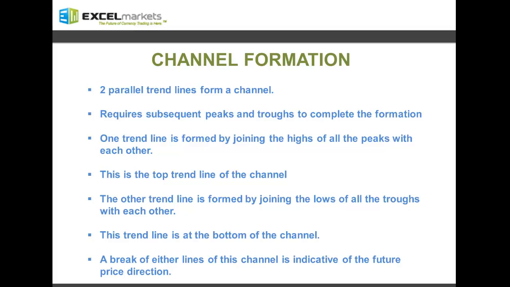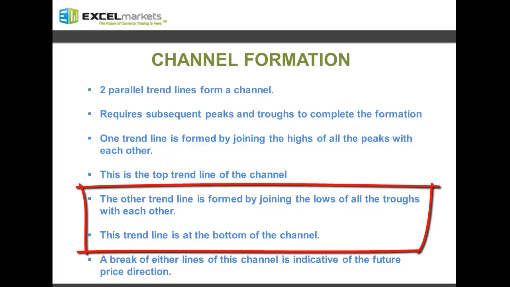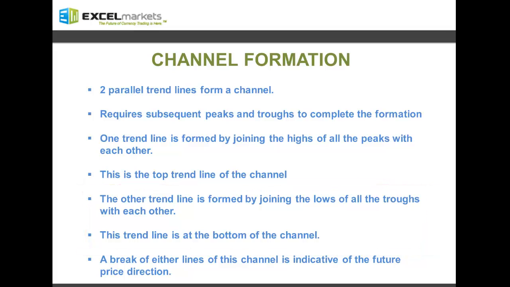The other trend line is formed by joining the lows of all the troughs with one another. This is at the bottom of the channel. Both the top trend line and the bottom trend line run parallel to one another. The top trend line acts as the overhead resistance, while the bottom trend line acts as the underlying support. The financial instrument is considered to be trading within this channel.